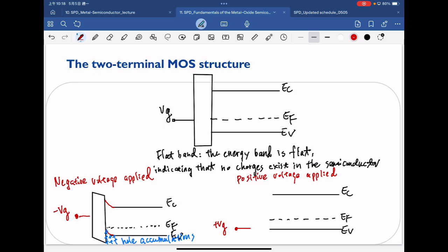So this will cause the band bending in our silicon dioxide and also the band bending in the silicon interface as well.